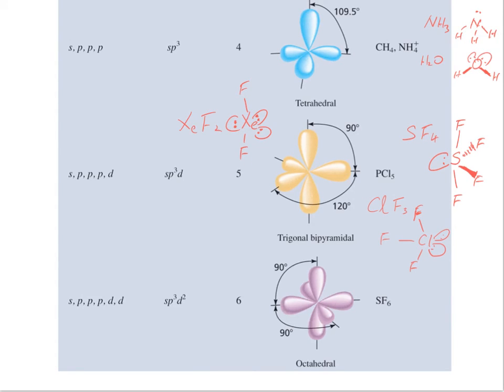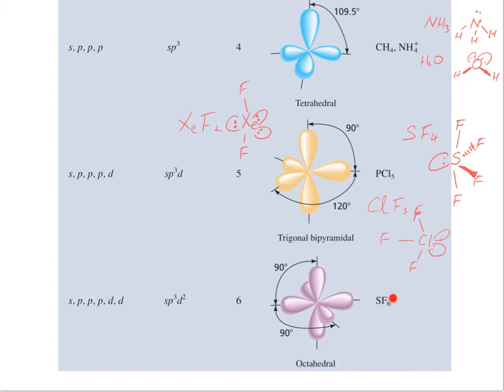Okay, that concludes all the possibilities for a total of five pairs. In the last scenario, when we have six pairs, the arrangement is octahedral and leads to sp3d2 hybridization of the central atom.